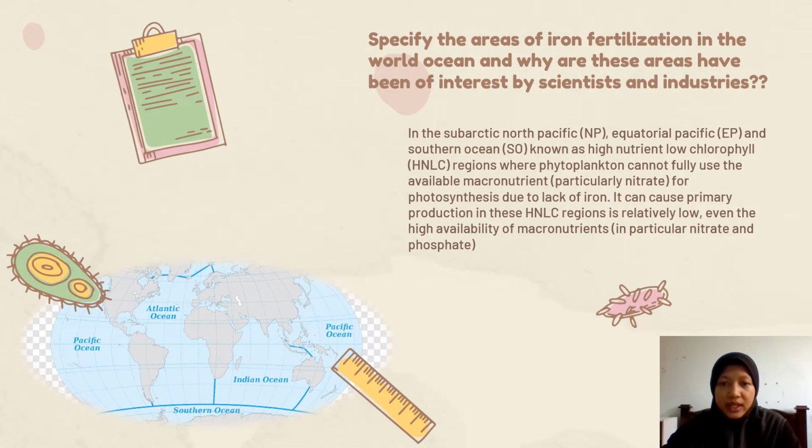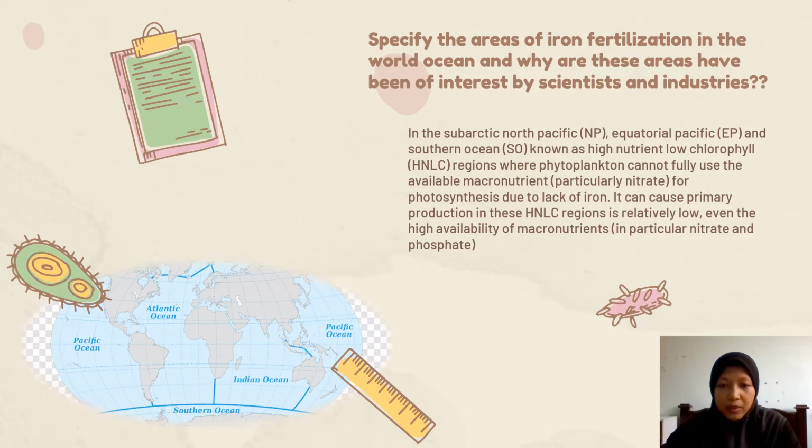The area to conduct this ocean iron fertilization experiment has been specifically selected, which is the subarctic North Pacific, Equatorial Pacific, and Southern Ocean. These places are chosen because they are known as high nutrient low chlorophyll (HNLC) regions, where phytoplankton cannot fully use the available macronutrients, particularly nitrate, for photosynthesis due to lack of iron.